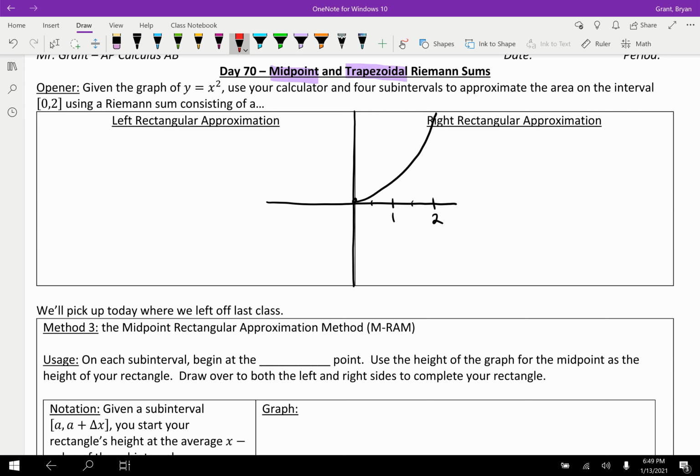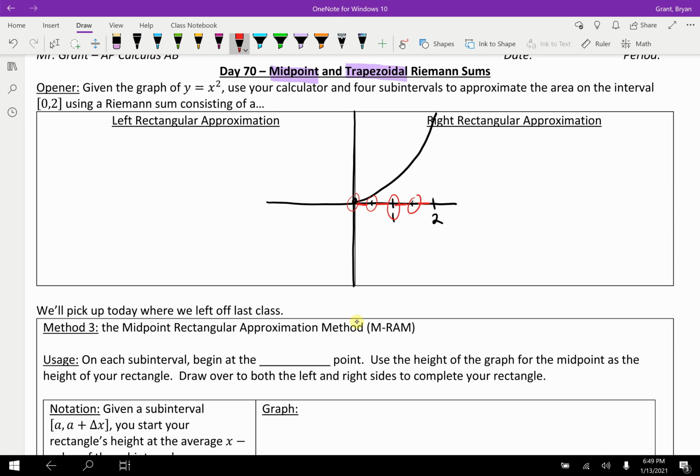So, left rectangular approximation method. We should notice that there are 5 of these x values that make up our interval. If we think about this method on each interval, and I'm going to draw in the 4 intervals here, we start on the left. So left, left, left, and left. The last interval we exclude 2, because for any left rectangle you exclude the right endpoint.